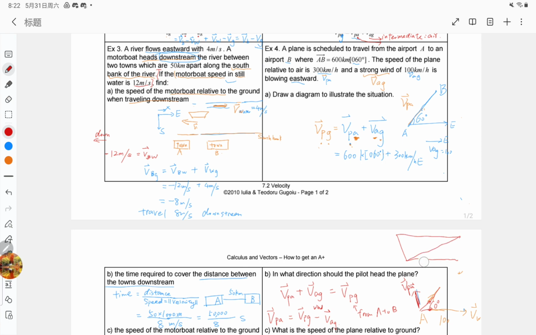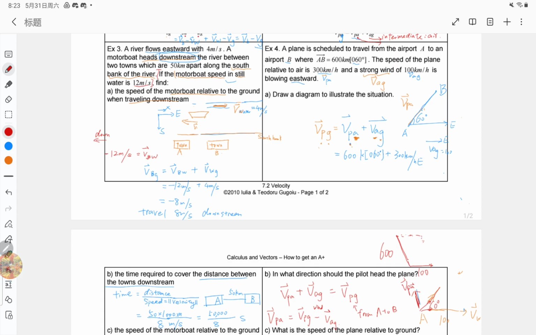Sorry, maybe I'll draw this longer, because the plane's speed in this direction is bigger, right? Like 600 something. So I'm just drawing the geometry to imitate this, and this side is 100, okay? And then I'll draw a parallelogram here.